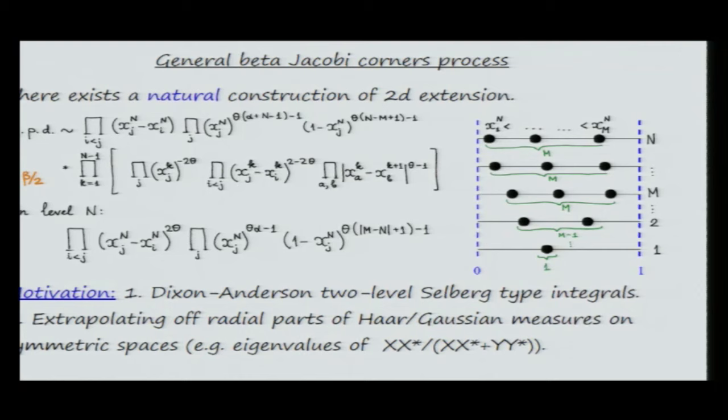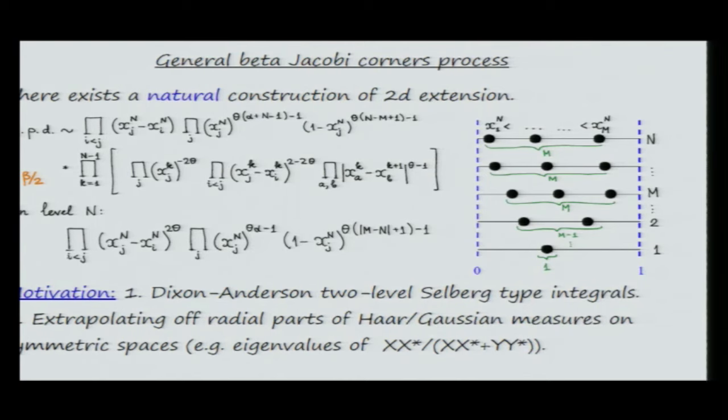Now, leaving that aside, a more invariant explanation is the following: where do beta ensembles come from? For beta equal 1, 2, and 4, these ensembles, much like GUE originally, come from the spectral measures for the Riemannian symmetric spaces.